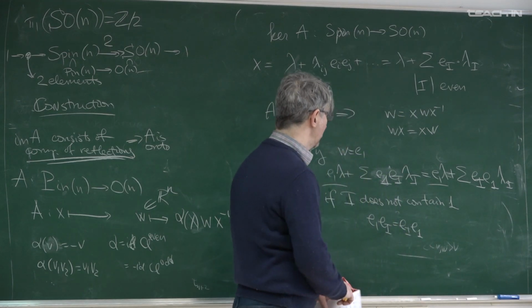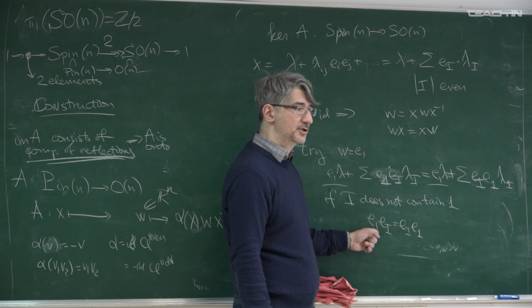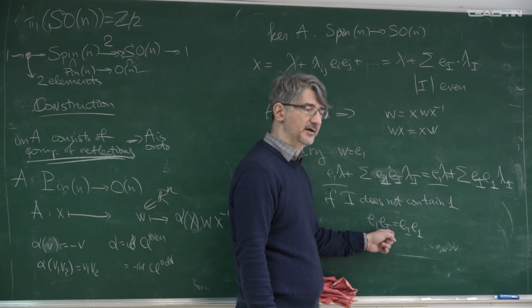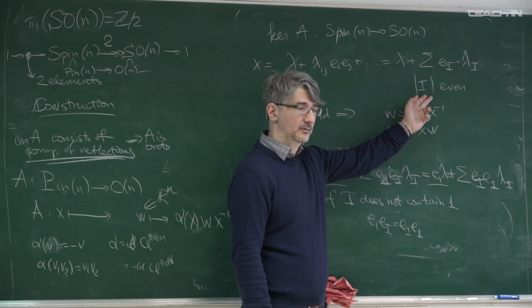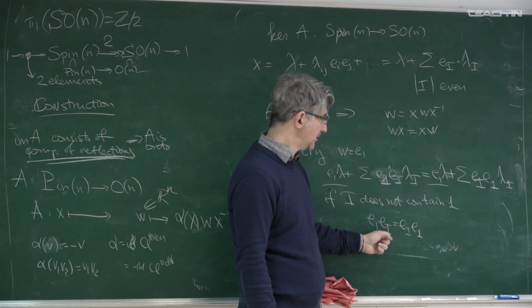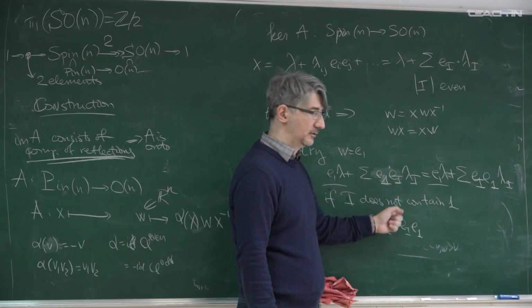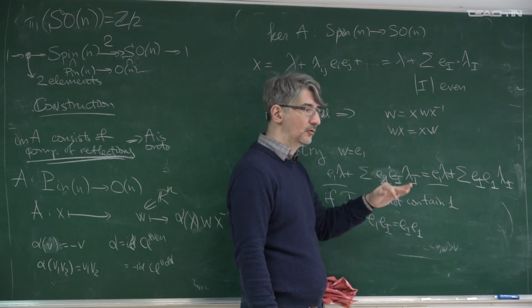For what reason? Because you need to interchange e1 with the elements of e_I an even number of times. E_I contains no 1, and you interchange the order an even number of times. So they are equal, no condition.